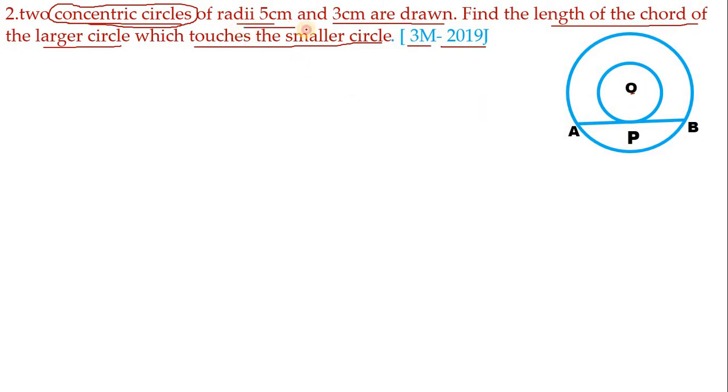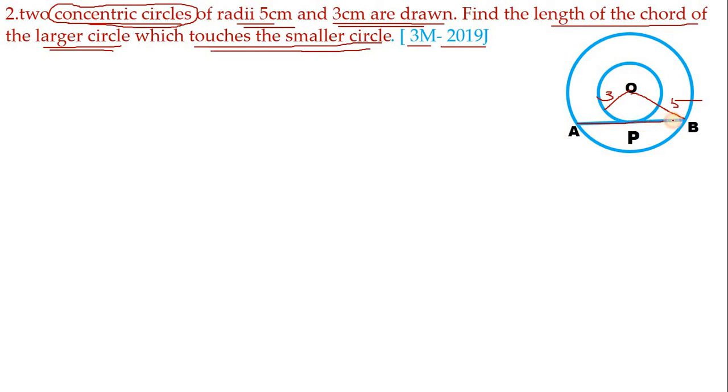The greater circle radius is 5 cm and the smaller circle radius is 3 cm. Children, radius is singular, radii is plural. So mind that. And find the length of a chord of the larger circle, and that must touch the smaller circle. Hence I have drawn AB.